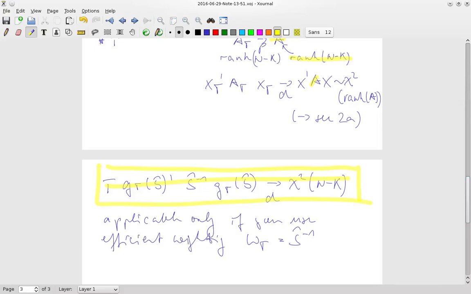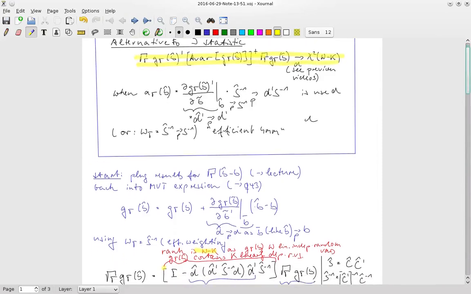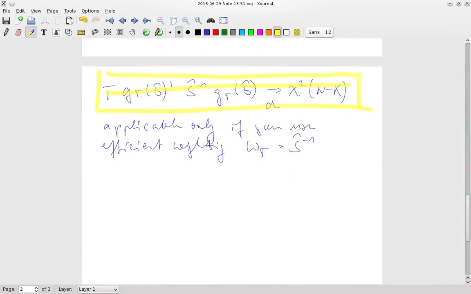If you use the identity matrix, for instance, you should use the original version of the J statistic that we see here. Okay, statistical software developers are aware of the fact. In the manuals, they mention this fact, but it's not implemented thoroughly in their programs. For some reason they don't produce the original version of the J statistic, but produce this one, maybe arguing that anyone is going to use efficient weighting anyway. But that may not be the case. There may be good reasons not to use efficient weighting, especially in the empirical asset pricing class.